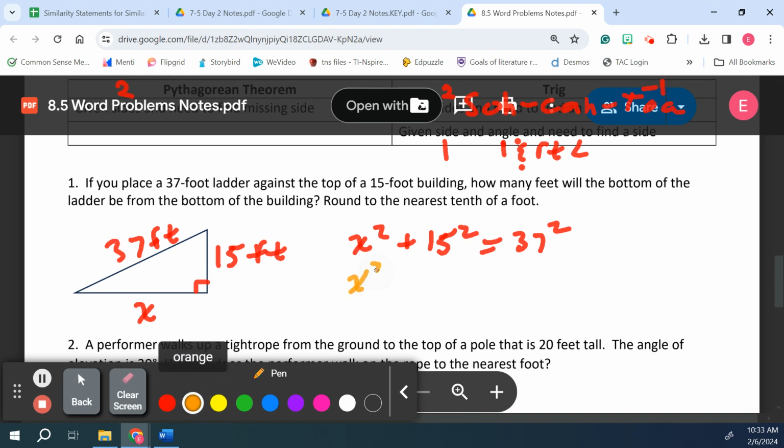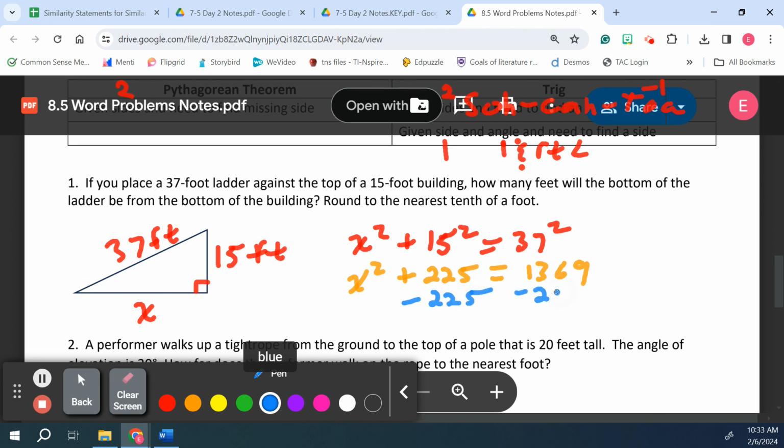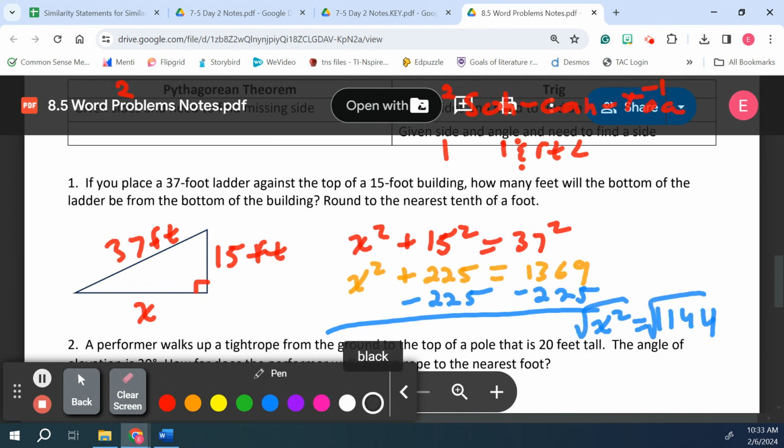This leaves me with x squared plus 225 equals 1369. I subtract 225 from each side. That leaves me with x squared equals 1144. And then I take the square root of each side. So in this case, x, now they wanted the nearest tenth of a foot, is about 33.8 feet.